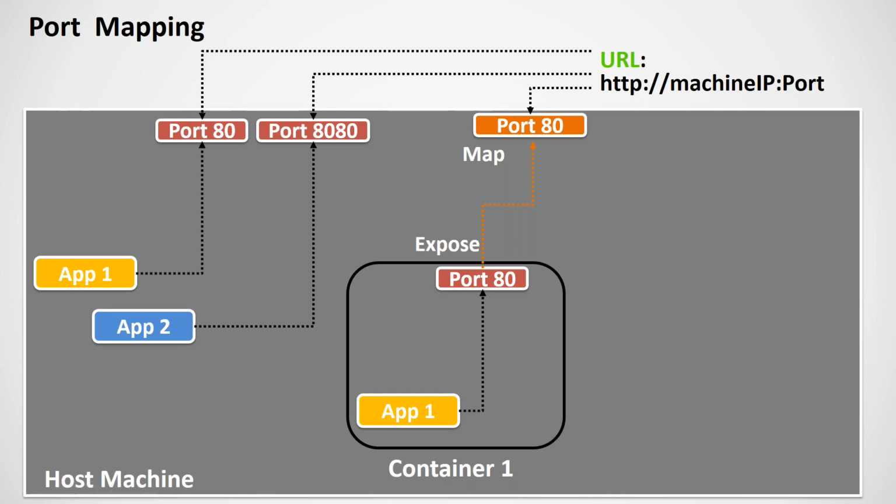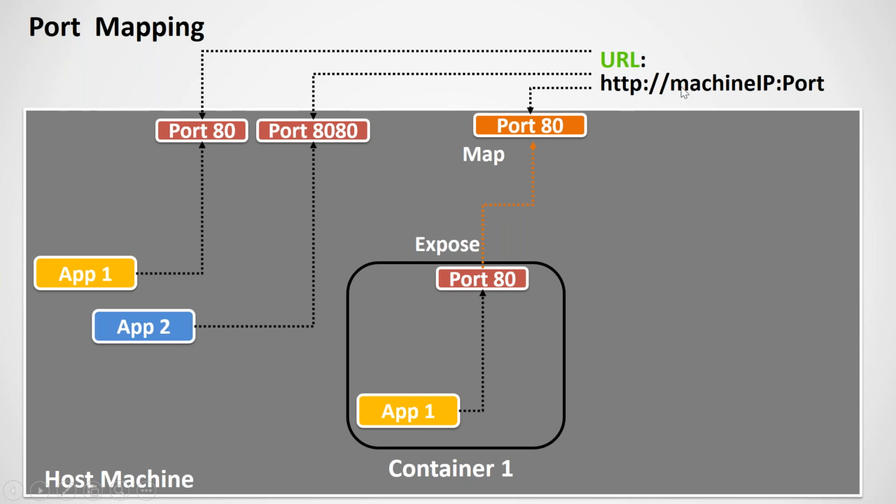So whenever you start a container which has an application exposing a port number, and you map that port number to the host machine, then if the user tries to reach the port number which it has mapped on the host machine, the connection will come here.